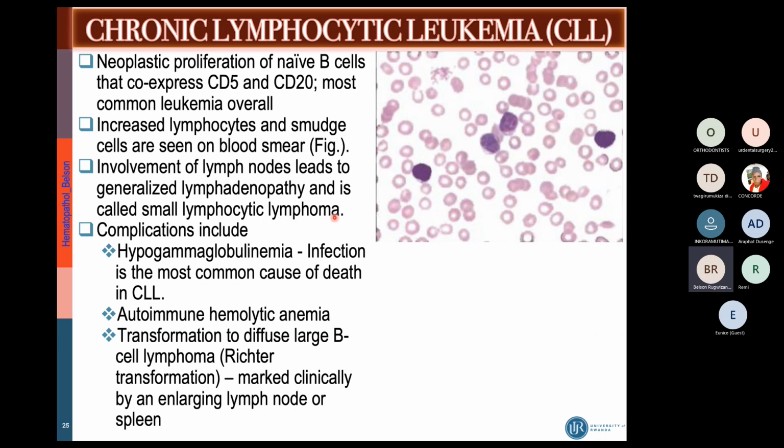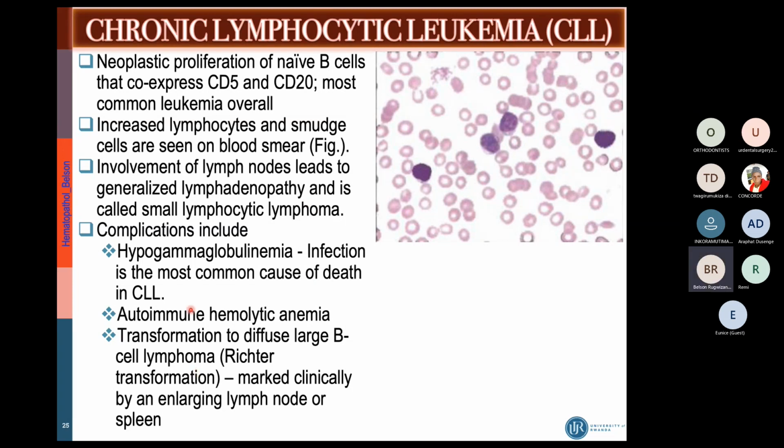So the implications include hypogammaglobulinemia, and the consequence is that because someone does not have enough gamma globulin, they are more prone to develop infections. That's the most common cause of death in these people.